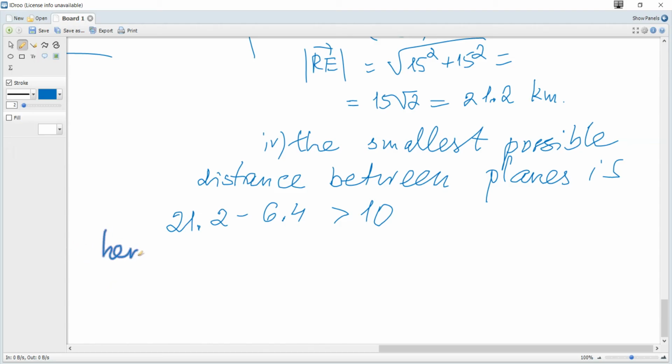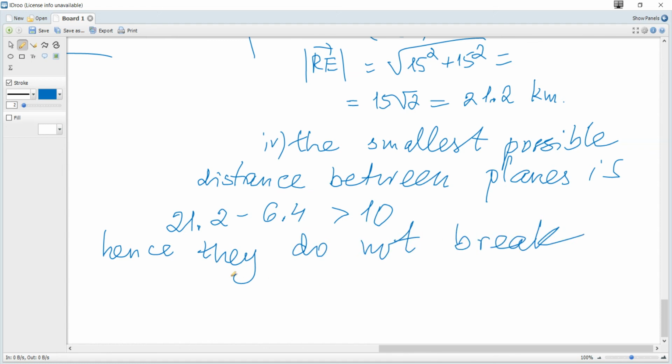Hence they do not break regulations. And that's all for this question.